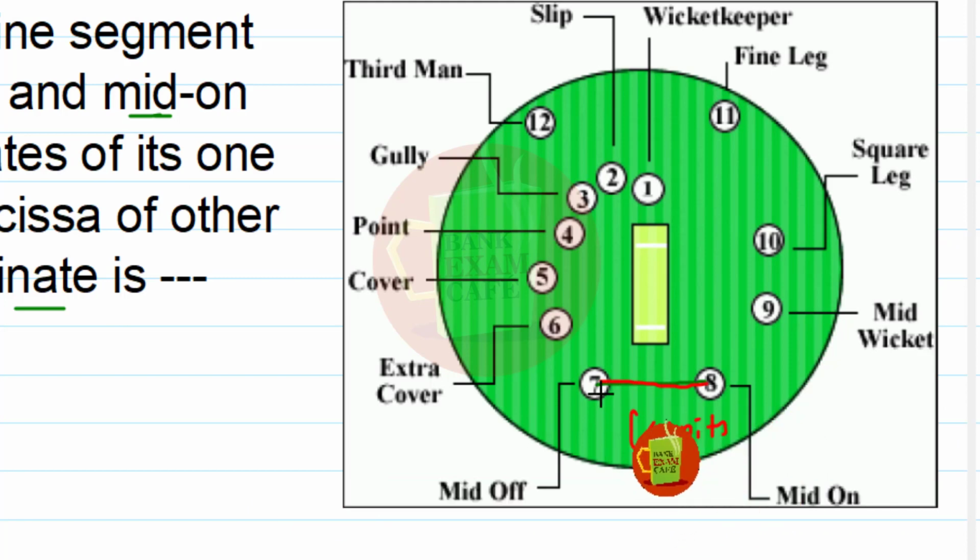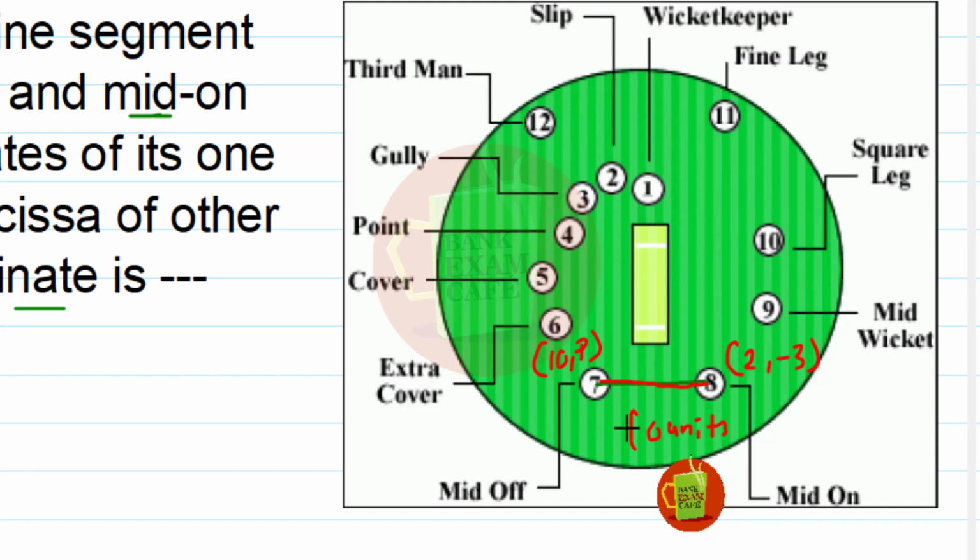This distance is given as 10 units, and if the coordinates of its one end are 2, minus 3, and the abscissa of the other end is 10, abscissa means x coordinate, and you have to find the ordinate, that is y coordinate. Let that y coordinate be p.